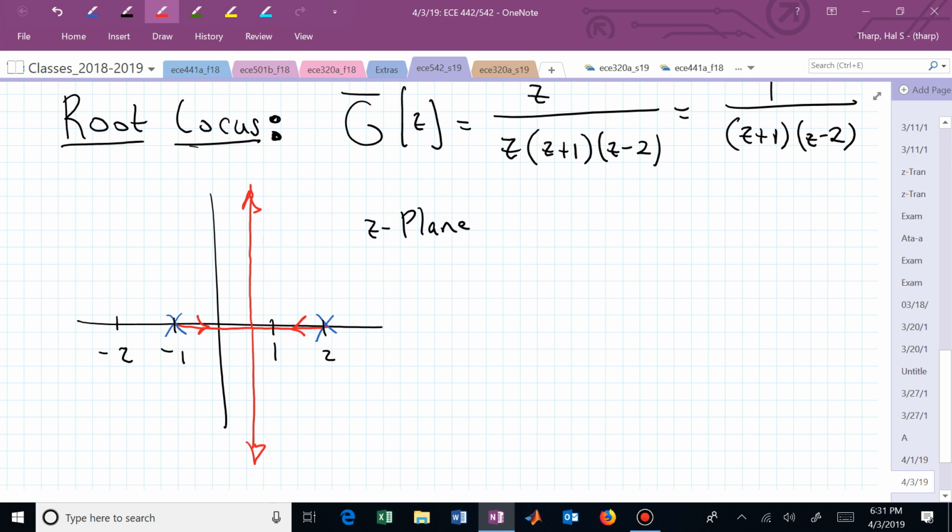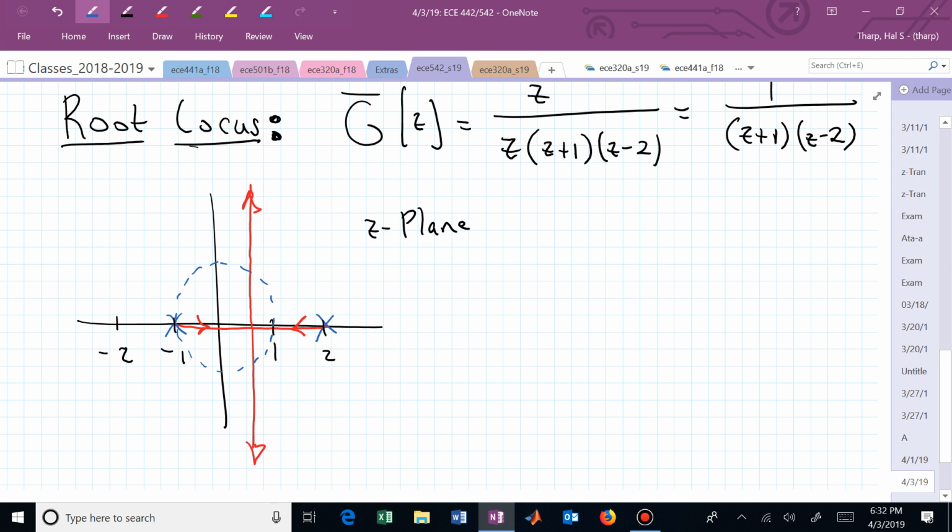You actually might want to be sketching a unit circle. And you might want to know, okay, are both branches simultaneously inside the unit circle for certain values or ranges of K?